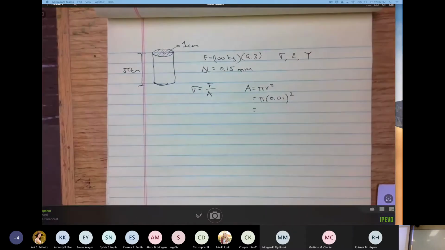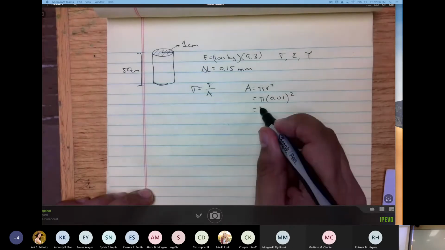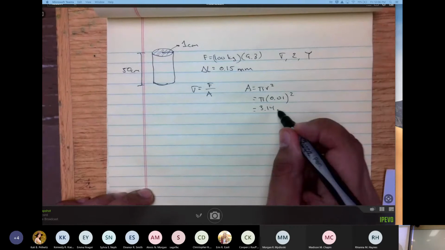I end up with an area of 3.14 times 10 to the minus 4 square meters.